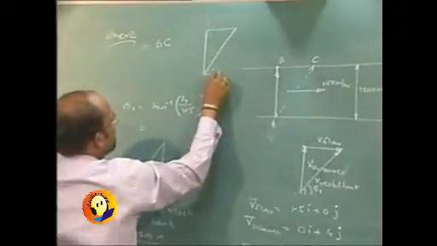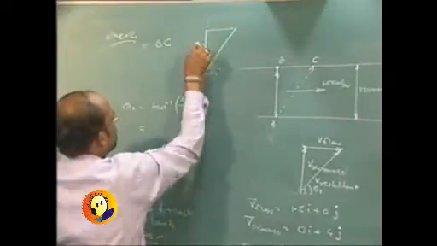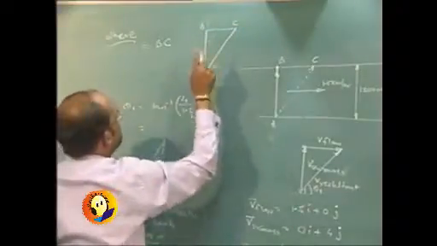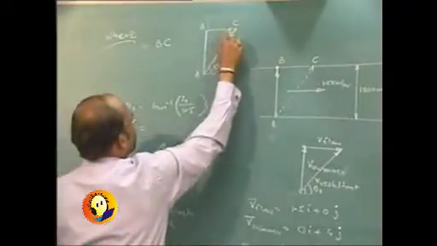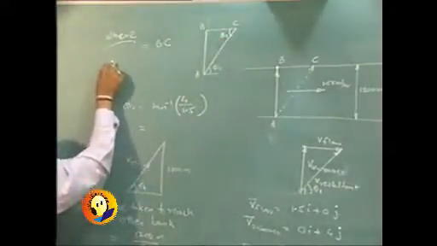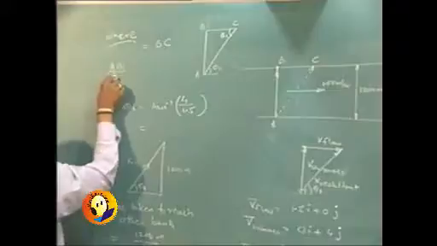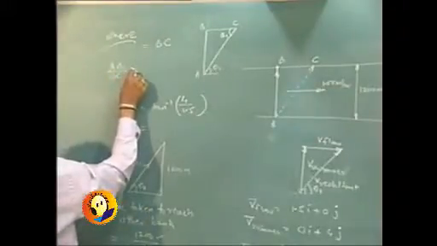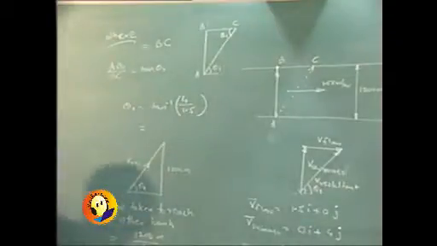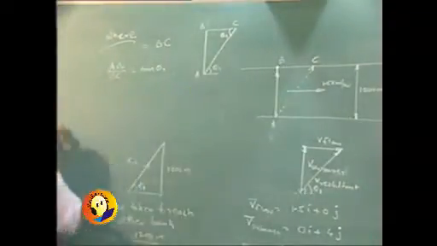We know that this angle is theta 1. This is point A, point B, point C. We can very well say that AB upon BC is nothing but tan theta 1.